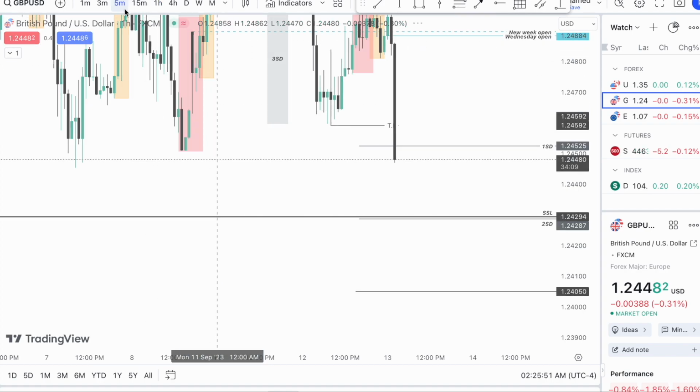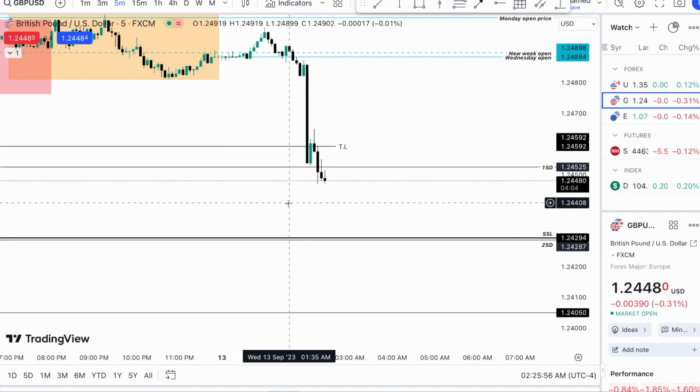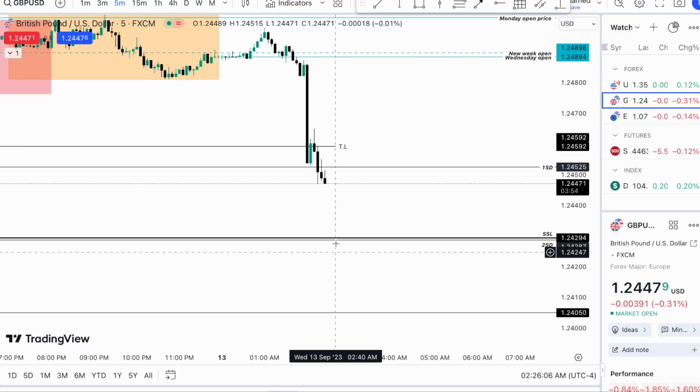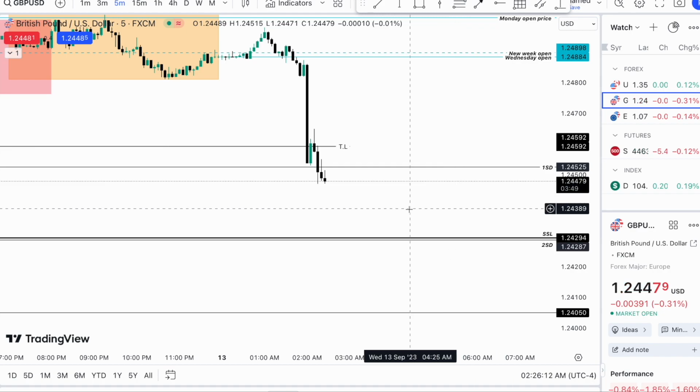We're still within our kill zone of London. The time right now is 2:26, so we still have a lot of time. Around 3 or 4 o'clock, this liquidity pool should be targeted, and we'll activate.